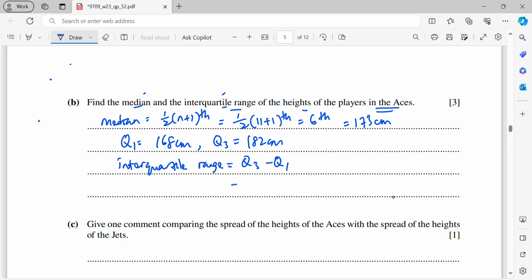Then you will get 182 minus 168. So here I write cm. Then you will be getting 14 cm. Okay, so that's the solution of this question.